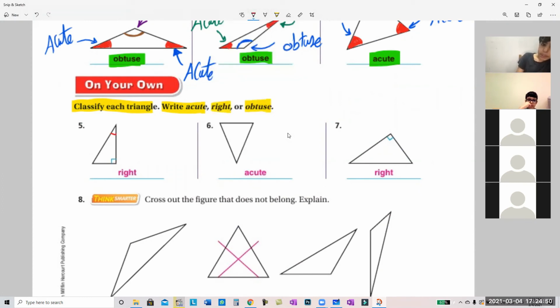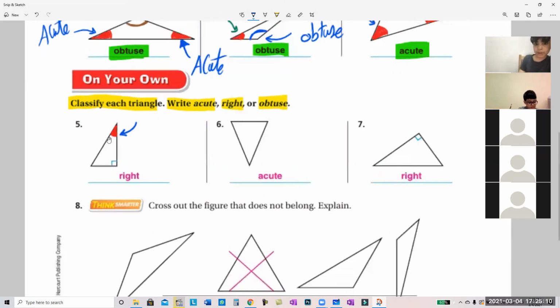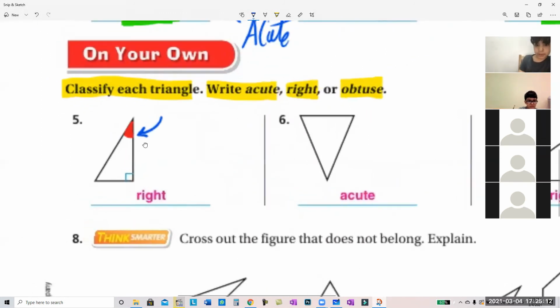What about this angle, man? Do you see the angle? Do you see my screen? What is the type of this angle?